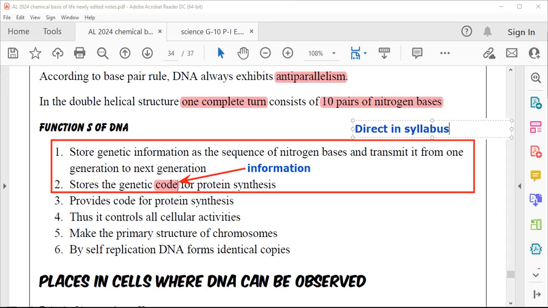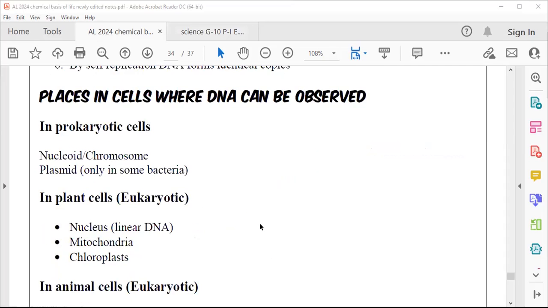So that's what I'm telling: what is direct in the syllabus, write that as the first priority. Clear? Clear, sir.